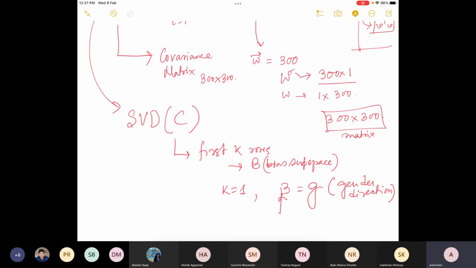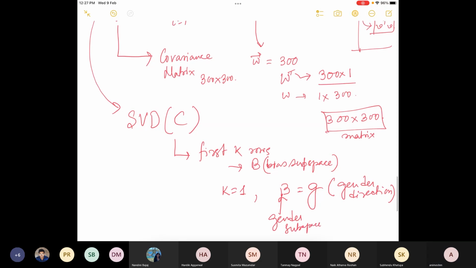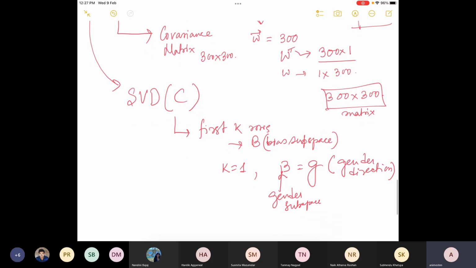This is the gender subspace when K is greater than or equal to 1, and when K is exactly 1, this is the gender direction.